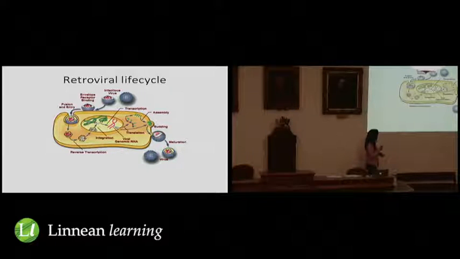The capsid is released, and the RNA is reverse transcribed into DNA, which is then transported into the nucleus of the cell. Once it's in the nucleus, it can use the cell machinery to make more copies of its viral genomic DNA. It gets translated and eventually ends up reassembling and leaving the cell and going on to infect other cells.